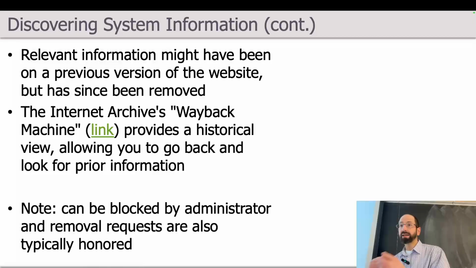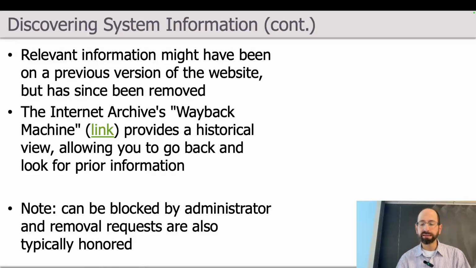So today's website is great, no information leakage, but 5 years ago things were quite different. And you look at that and you may learn some things via going through the Wayback Machine. They tend to be a pretty good actor in terms of respecting requests to not cache certain things or remove certain things. But by default, they are continually trawling the entire World Wide Web and trying to cache these websites.